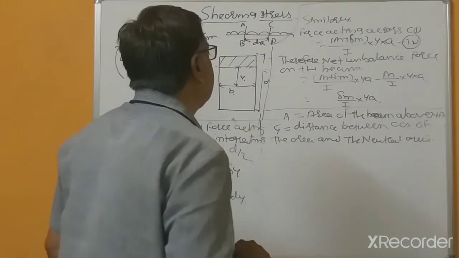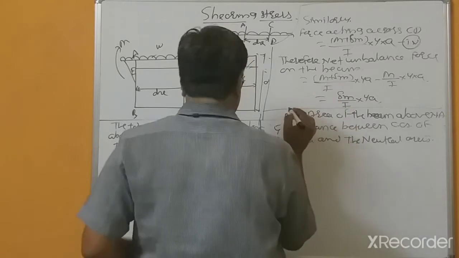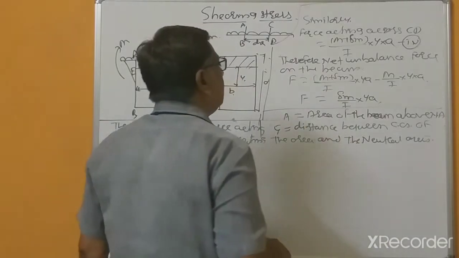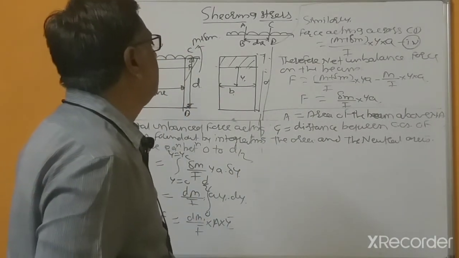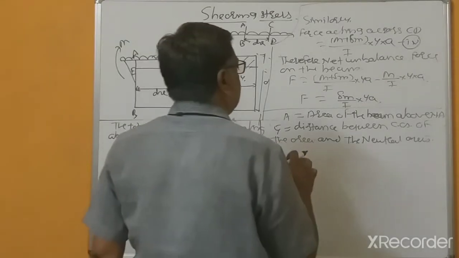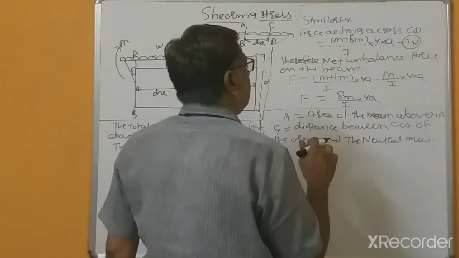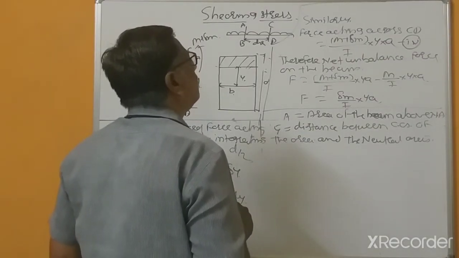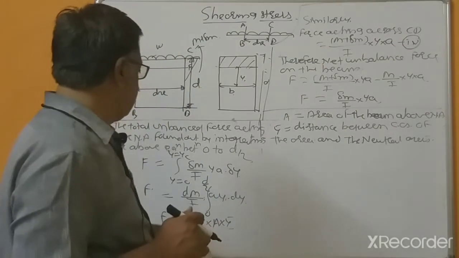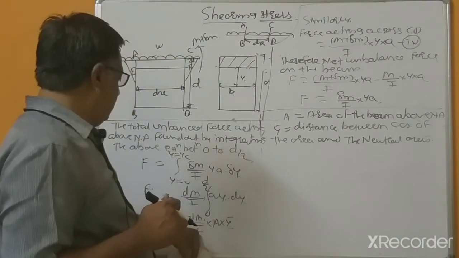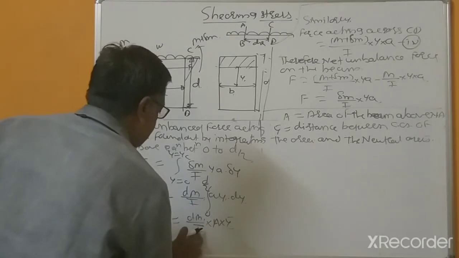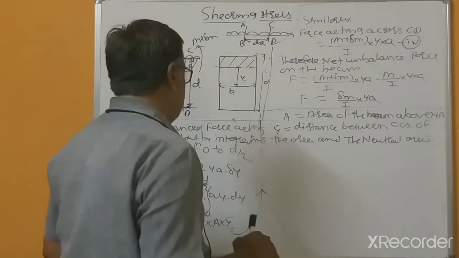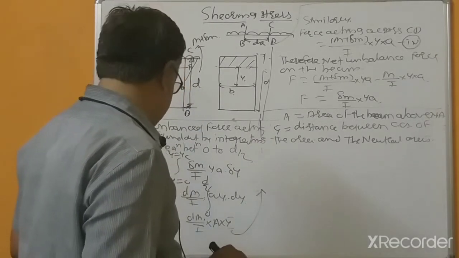So this is clear. So this is equal to F equal to dM divided by Y or I divided by A into Y bar. All right.